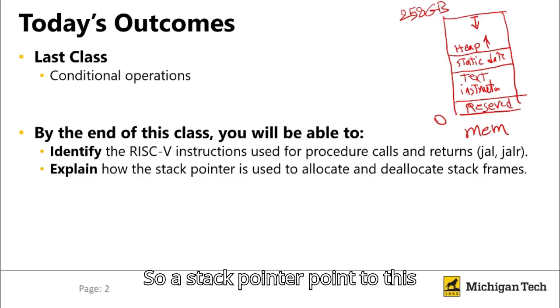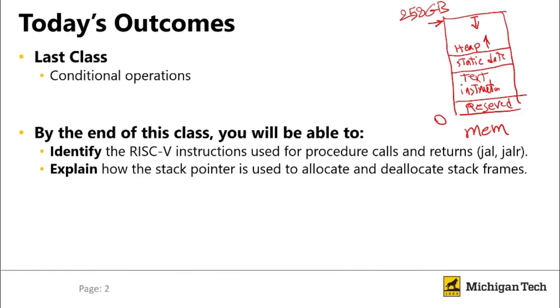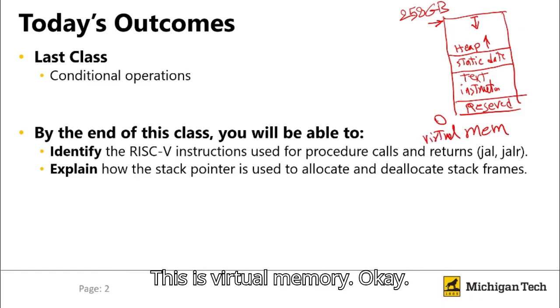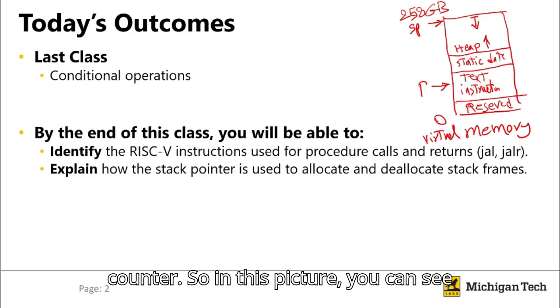So a stack pointer points to this part of the memory, the highest part of virtual memory. This is virtual memory, okay? So the stack pointer goes from top to down, and here the text part or instruction can be marked with a program counter.